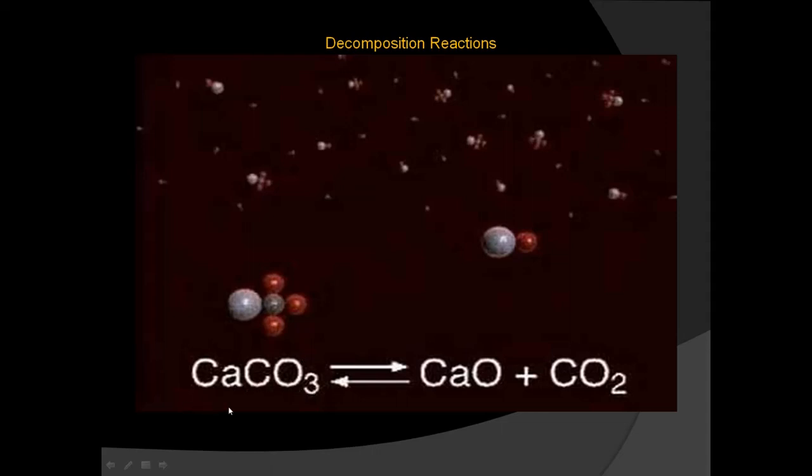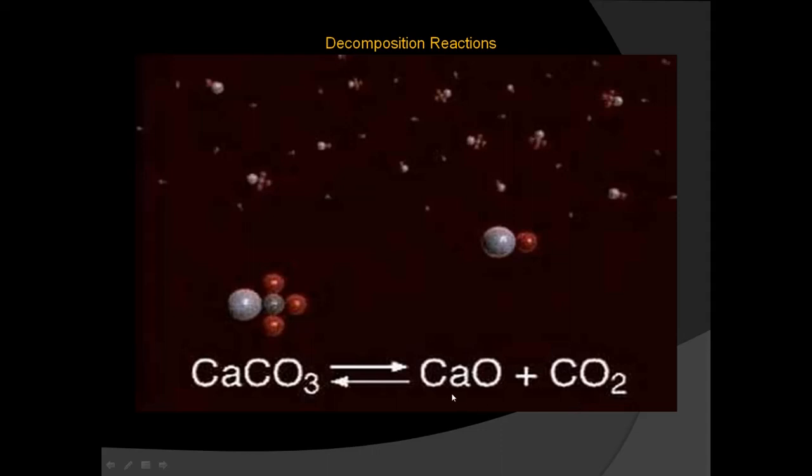CaCO3 is the formula of calcium carbonate. This is a compound, calcium carbonate. So this is a single compound. This compound is decomposing, dividing, and it is giving rise to 2 products, calcium oxide and carbon dioxide.